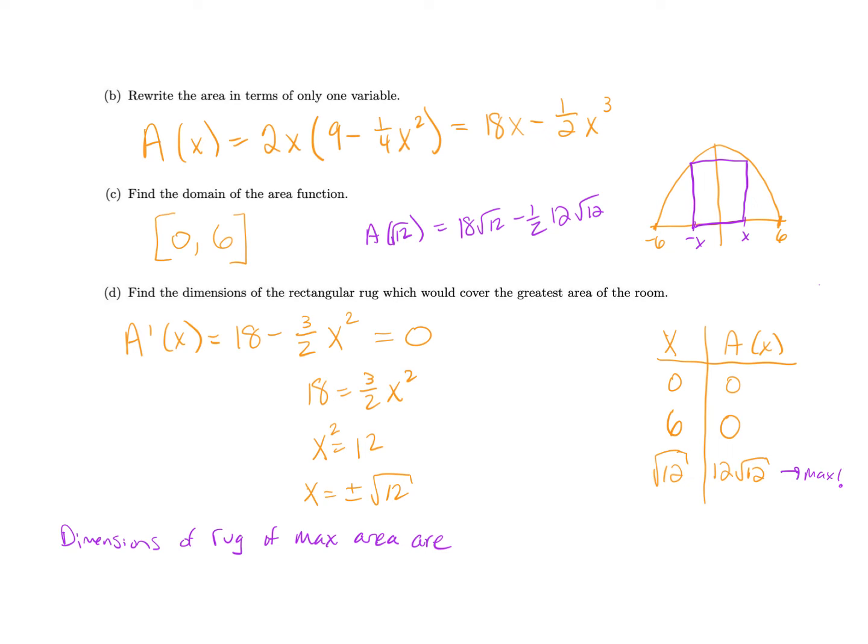So 2 root 12 is my base. And y, or height, is 6. Because what would I multiply 2 root 12 by to get this max area of 12 root 12? 6. You could also plug x equals root 12 into the formula for this curve to get the y value of 6.